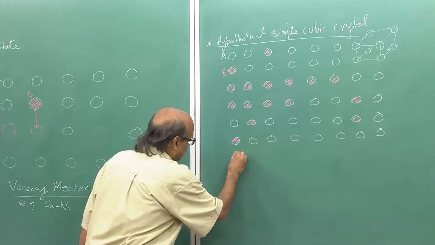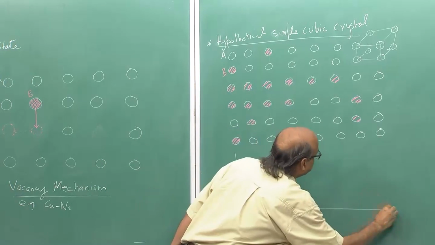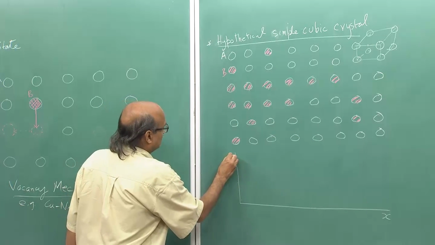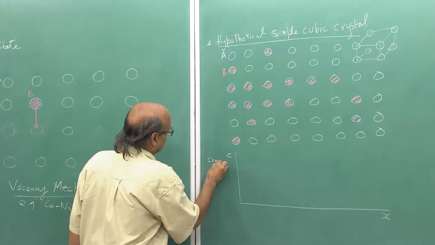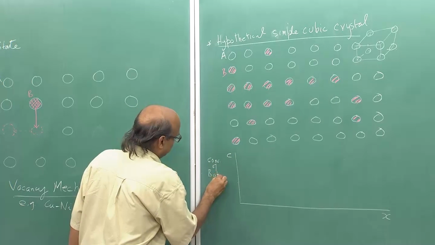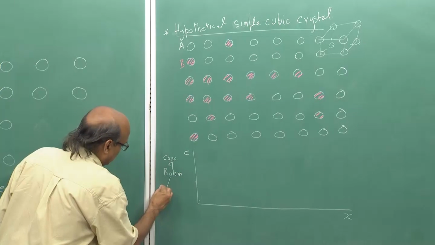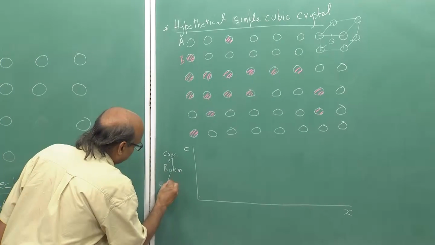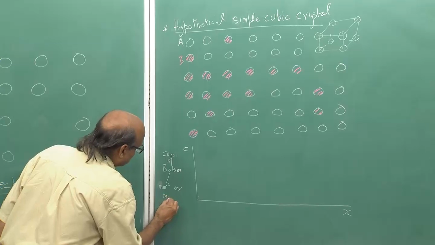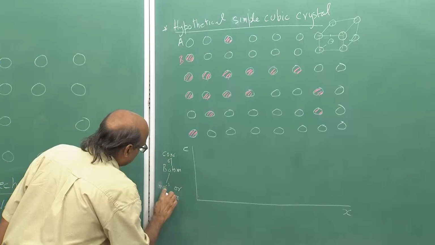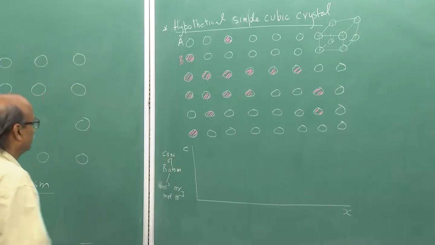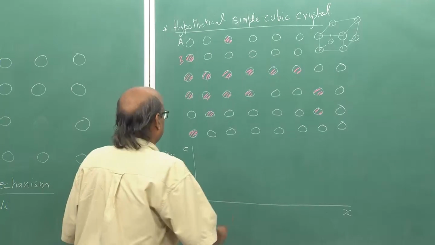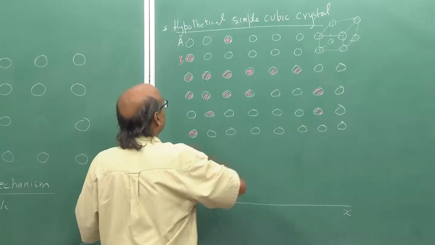So let us look at this concentration gradient. So this is the distance we move, x. This is C, the concentration of B atoms, measured as number of B atoms per unit volume, or it could be moles per meter cube. And let us look at two atomic planes.